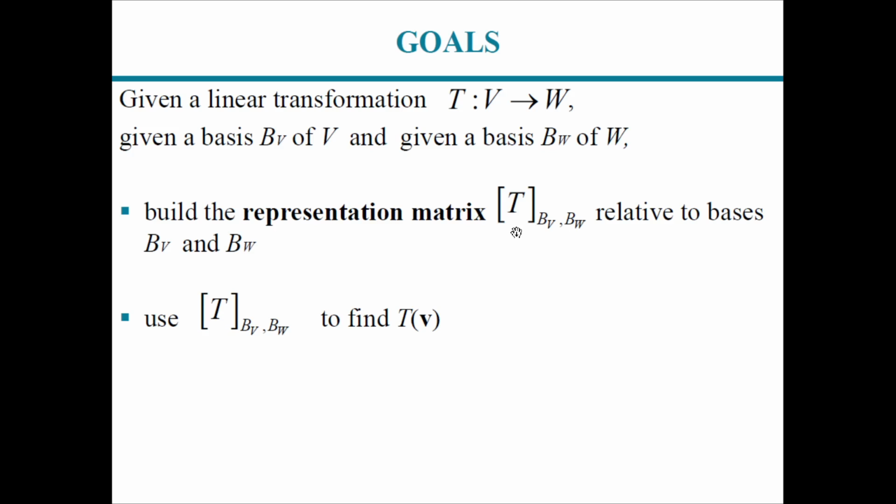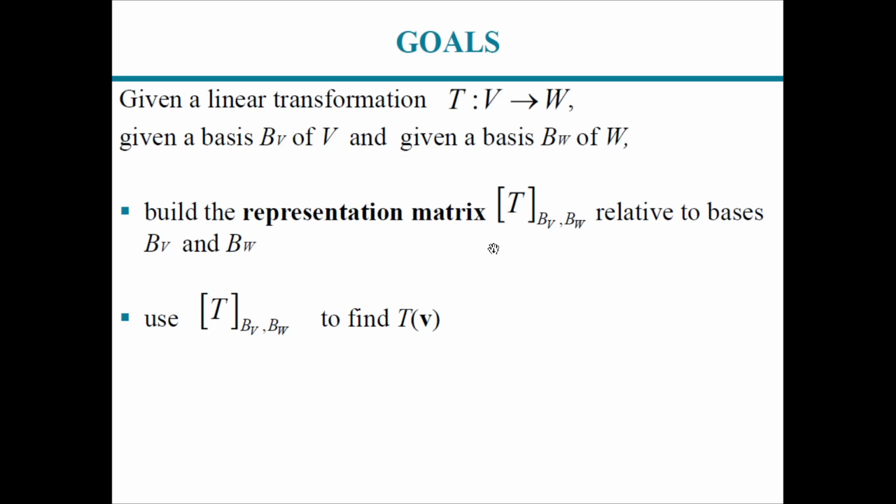So this is the notation. We are going to say, okay, this is a linear transformation. So with these brackets, this is a representation matrix of a linear transformation T relative to bases BV and BW. Okay, so that's what we are looking for to learn to build.